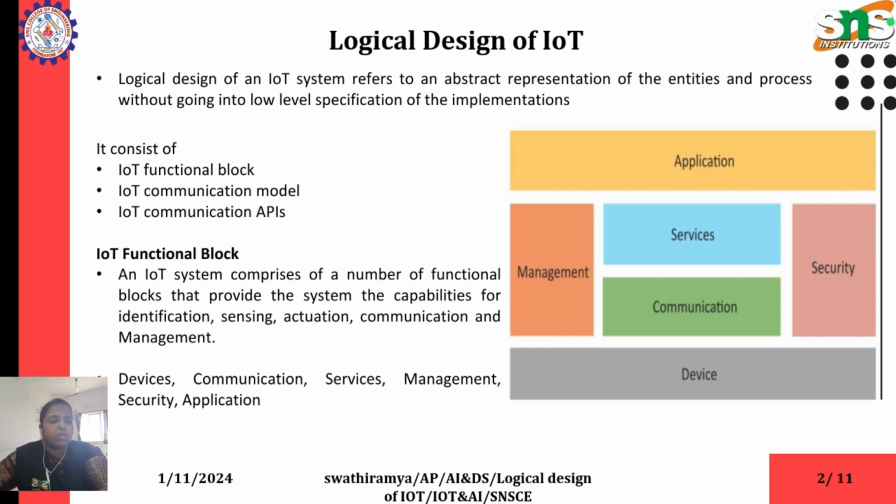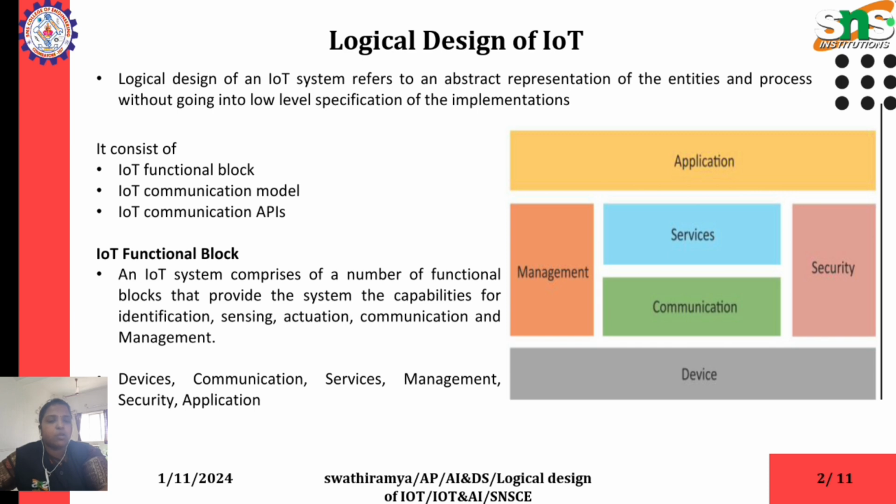Once communication happens, you transfer the data. This data is very sensitive, so you must provide a proper security mechanism, and you need a security block. You also need to manage everything, so you need a management block. You do all these things to provide some particular service, so you have the service block.